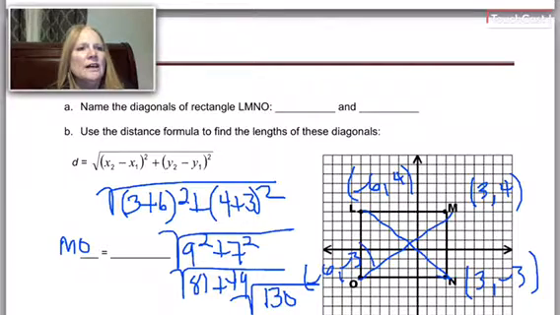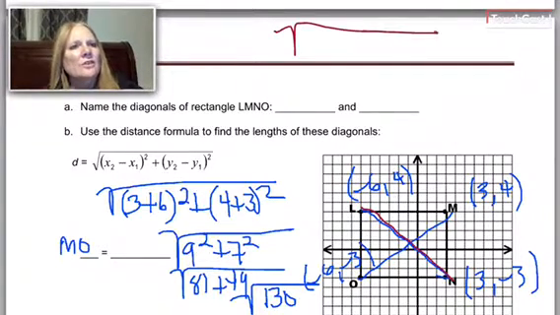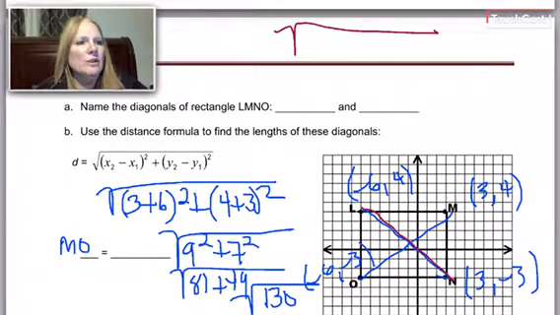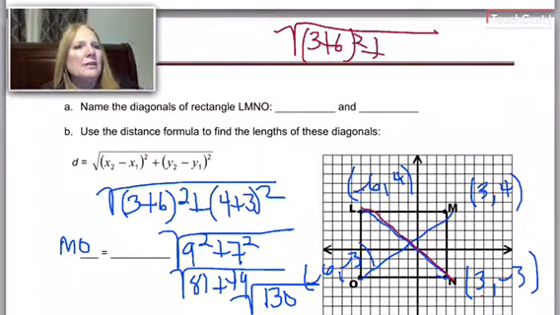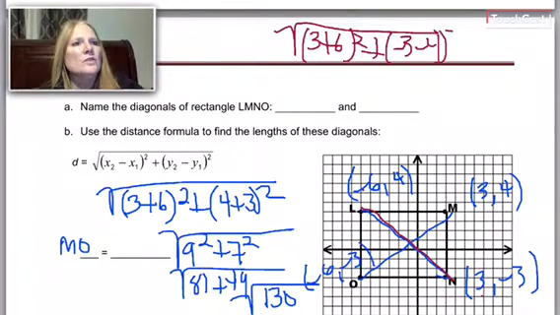And let's look at the length of, let me change the color, LN. So I'm going to do that here. So the square root of x minus x. So 3 minus a -6. So 3 plus 6 squared, plus negative 3 minus 4 squared.